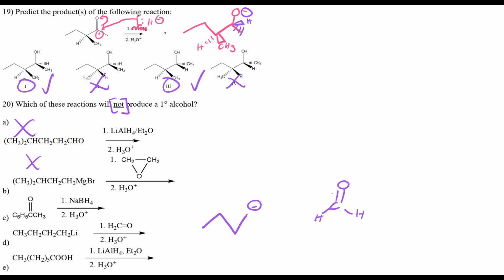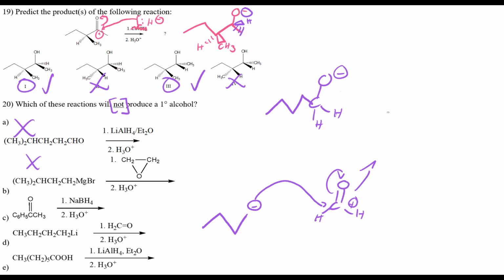This breaks out. He attacks the positive carbocation. Let's go over here. So now we have carbon, alkoxide, hydrogen, hydrogen, and let's see. 1, 2, 3, 4, and then that right there.